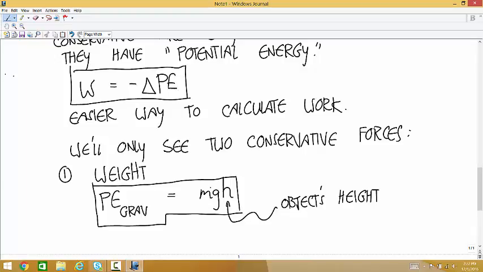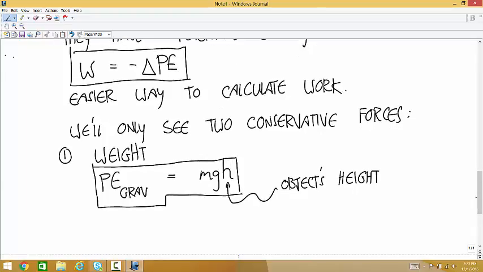So for a problem, if you say the floor is what you're going to call zero height, you have to keep the floor your zero height through the whole calculation, but you'll get the same answer as if you, at the beginning, said that the center of the Earth was zero height. So we'll see that more. Kind of like position 0? Yes, it is. You're right. Yep, you're right about that.